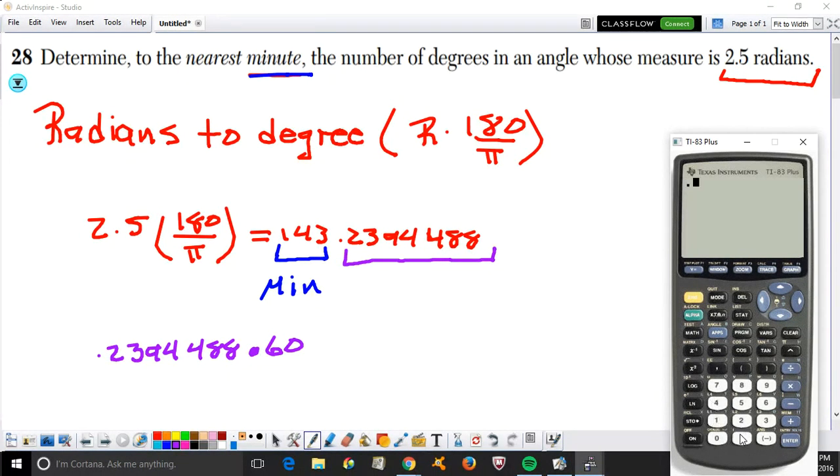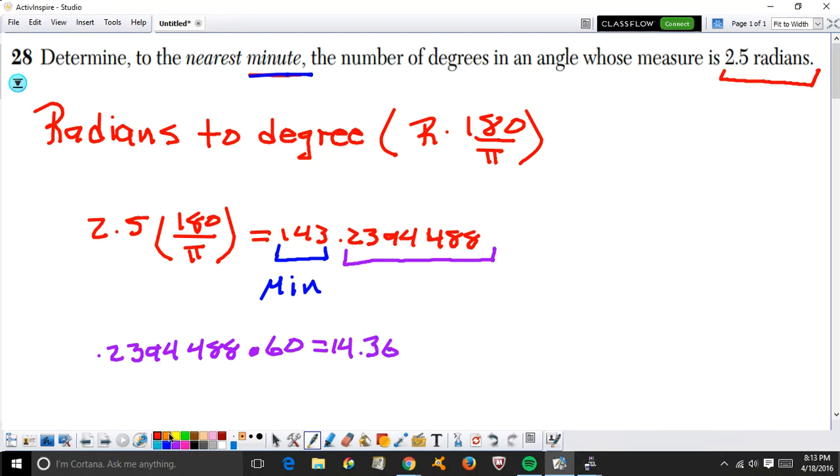So we're going to get 0.2394488 times 60. So we got 14.36.